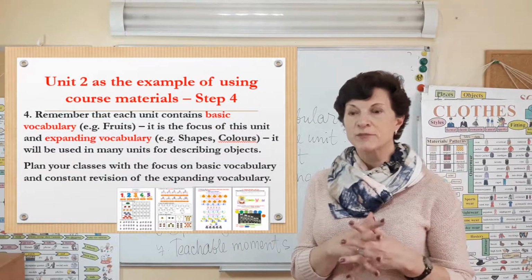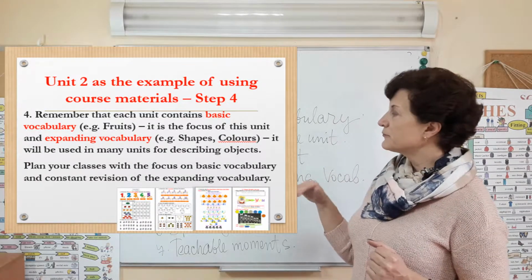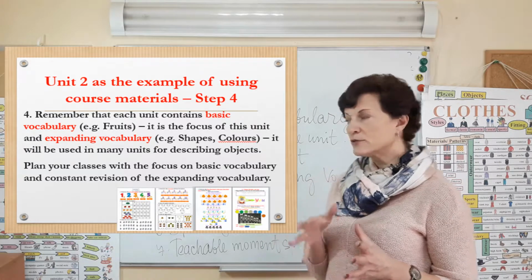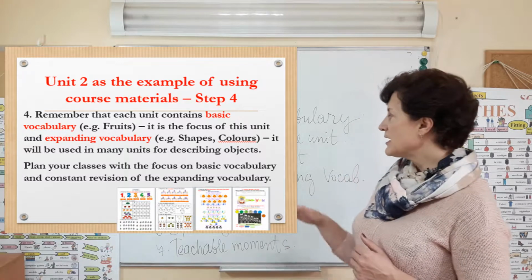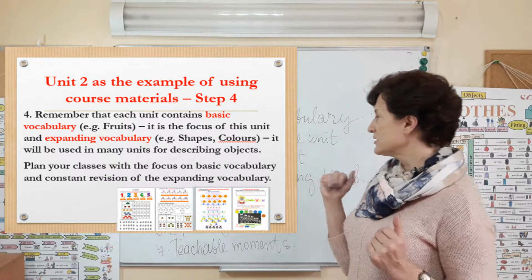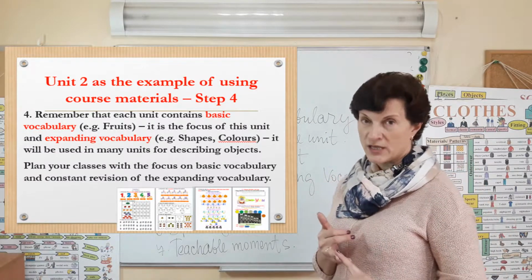The basic vocabulary is the main vocabulary of the unit. For example, Unit 2 is called Fruits and Vegetables, so the main vocabulary here will be about fruits and vegetables. But there will be two big blocks of expanding vocabulary, such as colors and shapes.